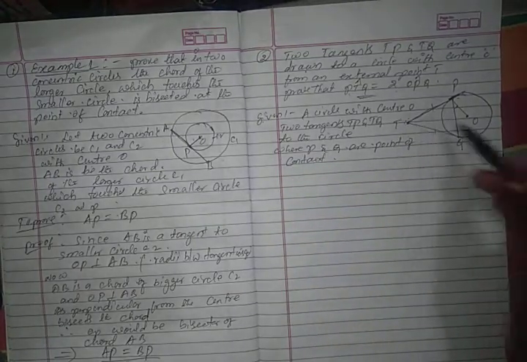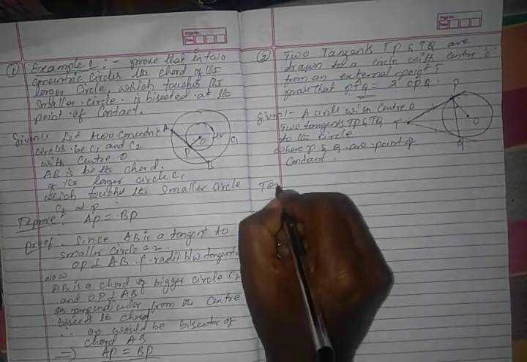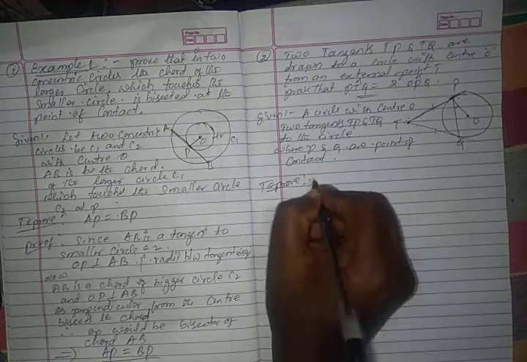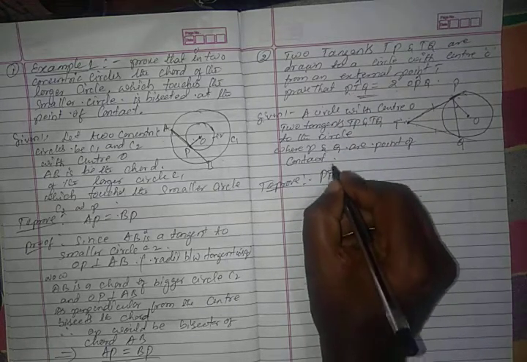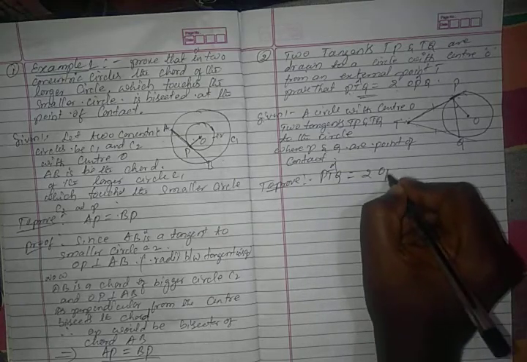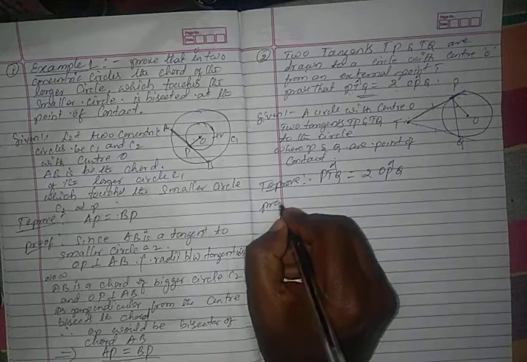Once again, TP and TQ are the tangents and P and Q are the points of contact. So we have to prove that angle PTQ is equal to 2 times angle OPQ. Let us prove.